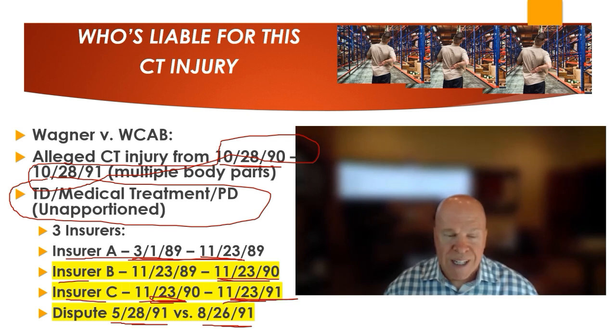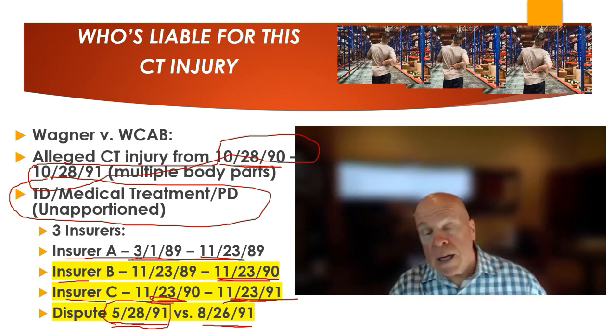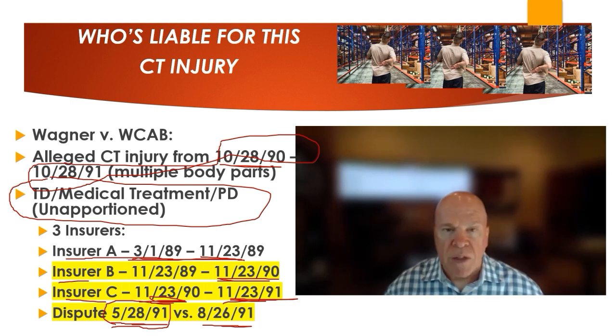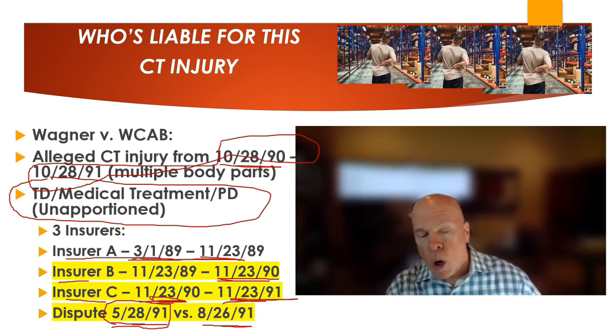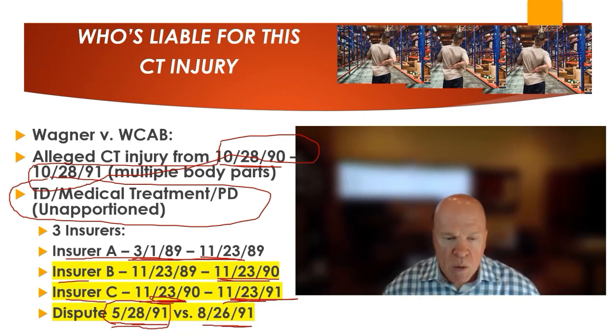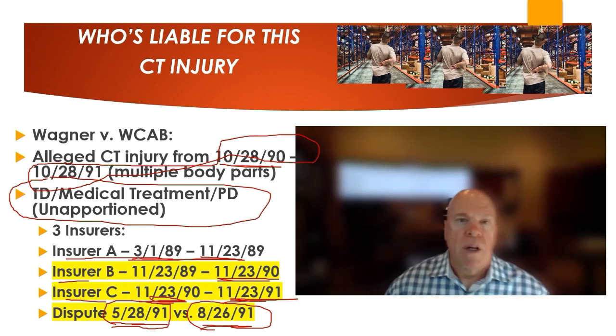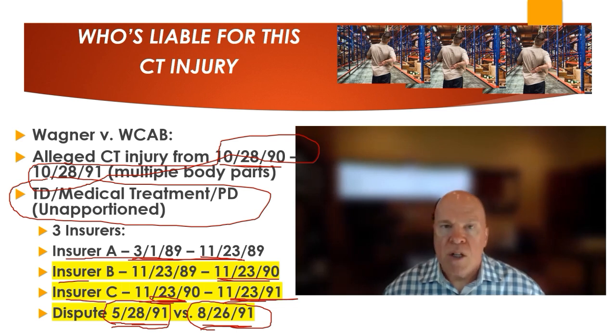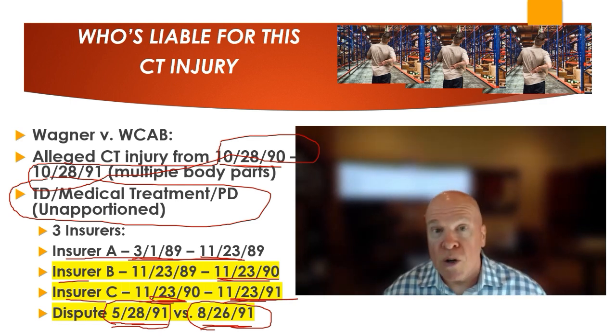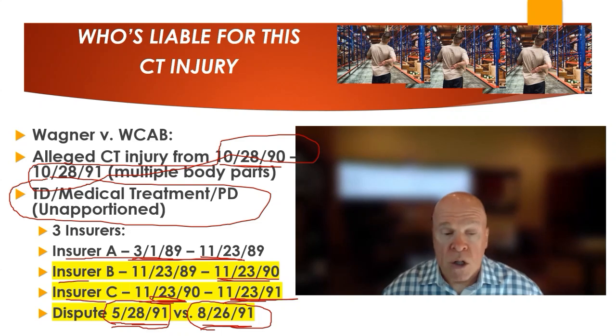So, of course, insurer C wanted to establish 5/28/91 as the date of injury, thereby pushing the last 1 year period of liability more toward insurer B, and insurer B wanted to have 8/26/91 established as the date of injury, thereby shifting the last year of cumulative exposure more towards insurer C. And it might seem to you only a 3-month difference that might seem inconsequential, but this has to deal with large dollars, considering all of these temporary disability benefits, medical treatment benefits, and unapportioned permanent disability benefits.